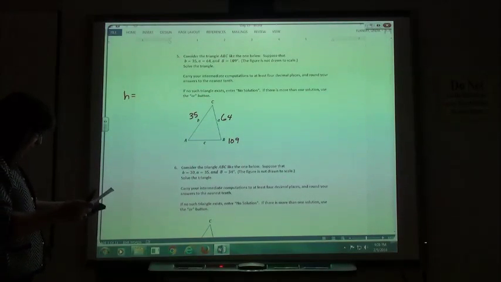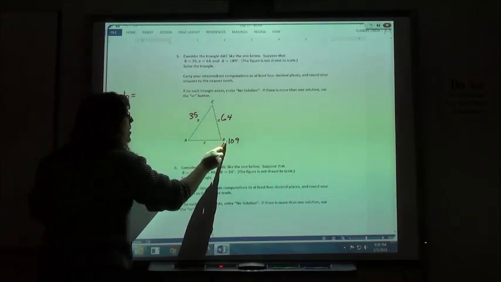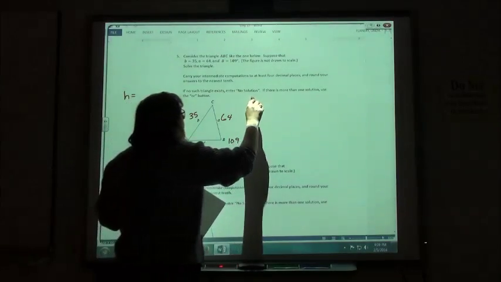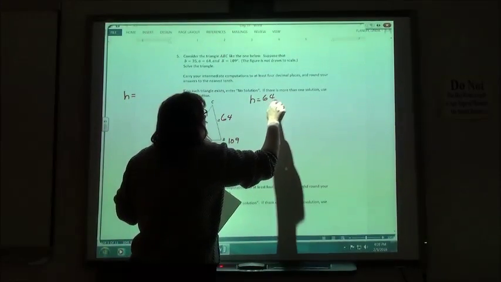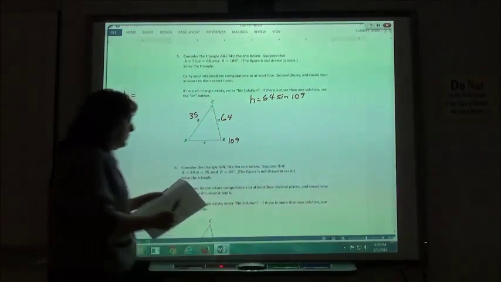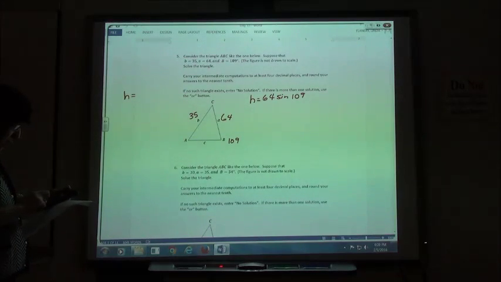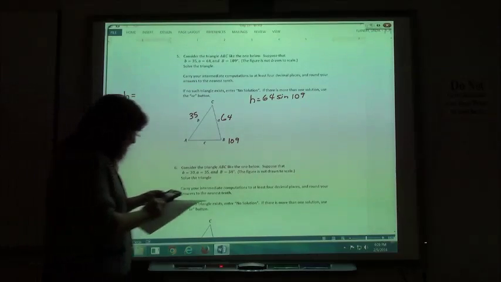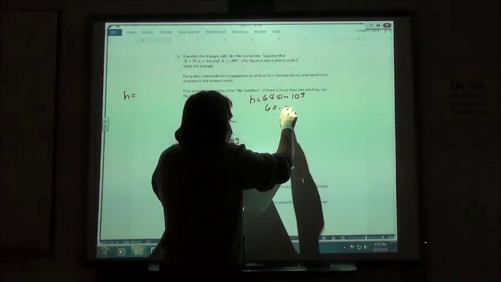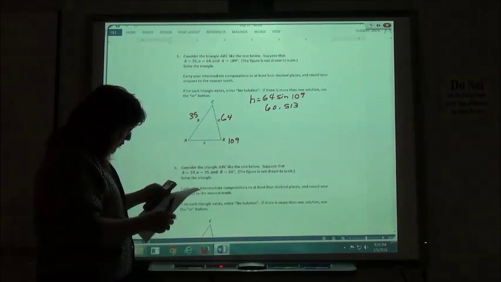To find h, we take the side adjacent to my angle, which is the 64, times the sine of my angle 109. So 64 sine of 109 gives me 60.513.